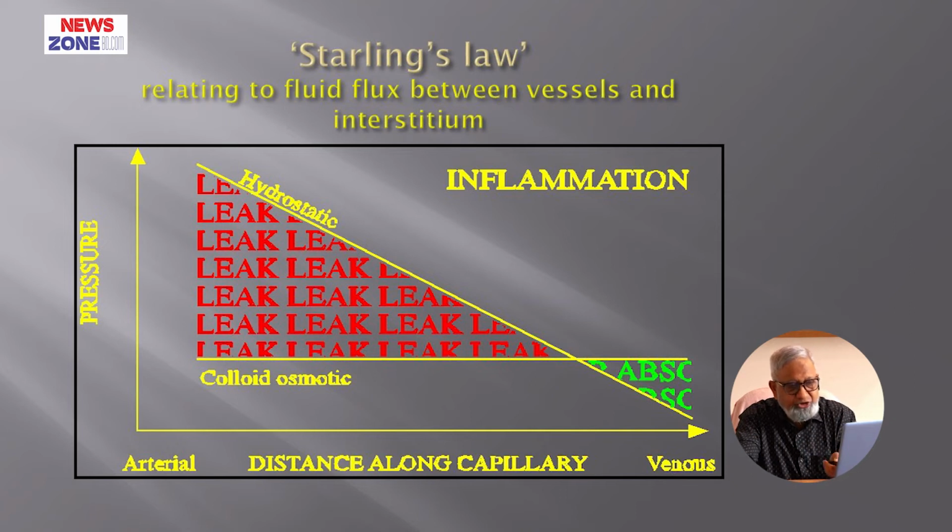But here the colloidal osmotic pressure is less than 20; normally it was about 25 millimeters of mercury. So, maximum fluid goes out from the vessels, and at the venous end the capillary hydrostatic pressure is low, 12, but the colloidal osmotic pressure is also low, so it fails to reabsorb the fluid from the interstitial tissue space.